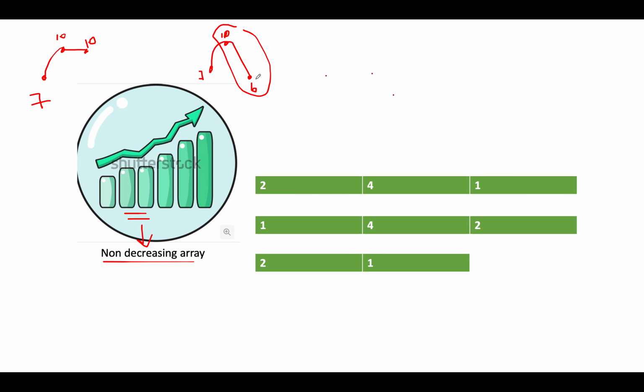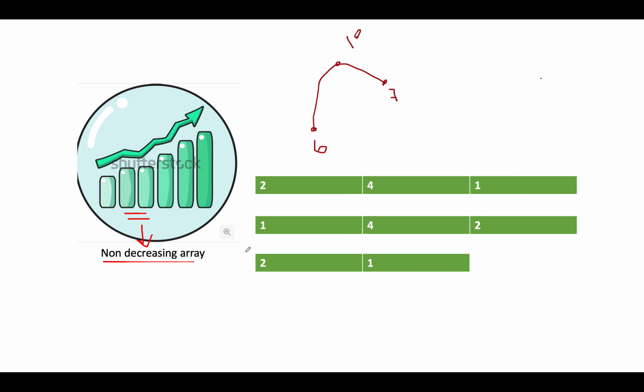The other option is to decrease the value of 10. And what will be that case where this has to be done? So let's assume that the numbers are something like this: 6, 10 and 7. So again at 10 you are seeing a downhill trend. And what should be done in this case?